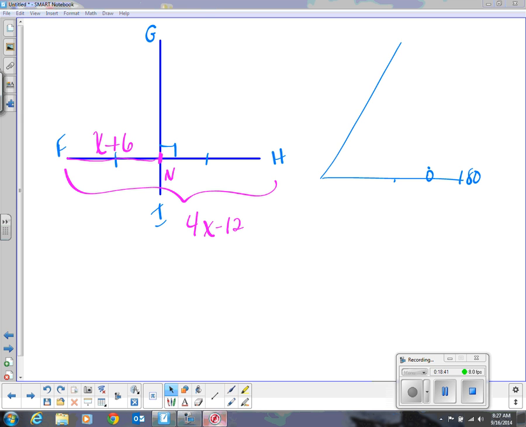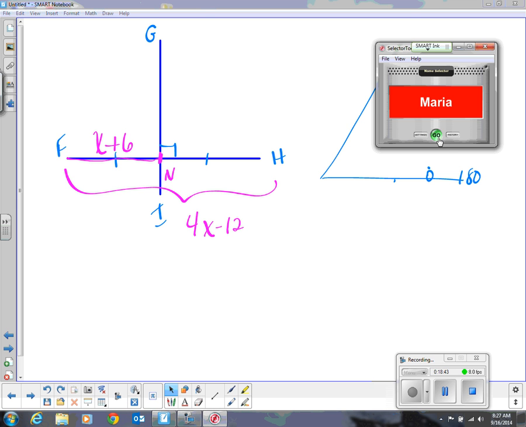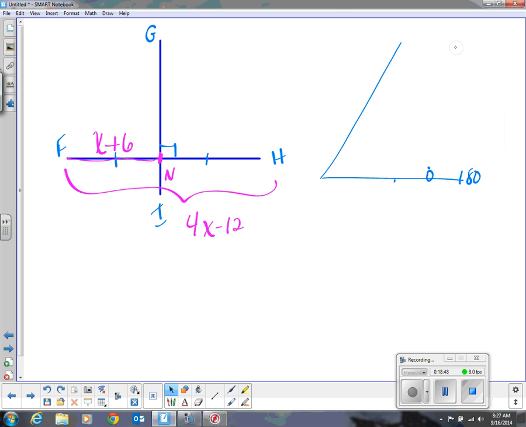So if you didn't mark your diagram, it might have been an issue. So Eric, if this is x plus 6 because of these markings, what must that be? What do these markings mean? Same. So if this is x plus 6, what must that be? X plus 6. I asked Eric. My bad.